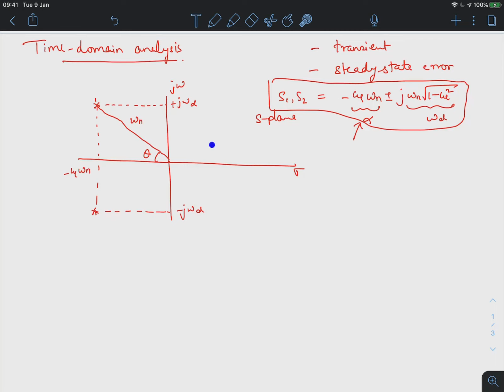Now we shall first of all see, for the transient specifications we have seen so far, what is the geometrical significance of those specifications on the pole plot for an underdamped second order system.